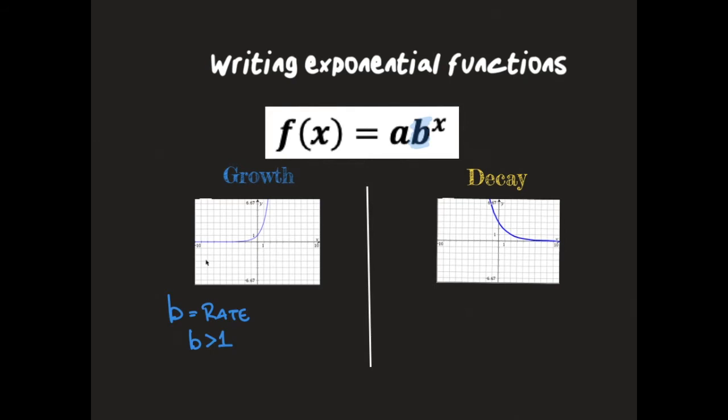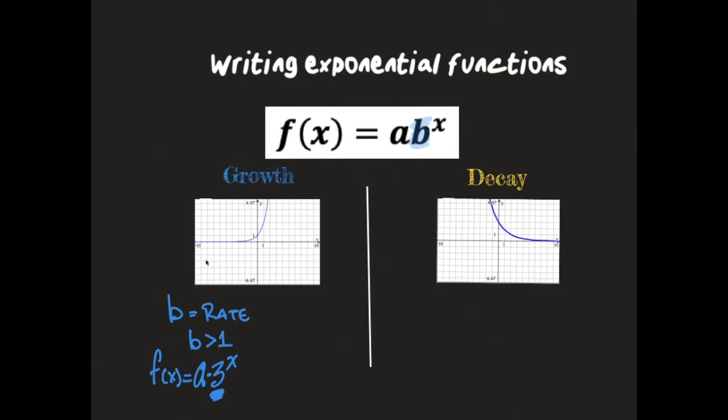Example, if I have, let's say, f of x equals A, just to say any number, and then I have a number 3 to the x, this is going to be a growth just because of that number right there.